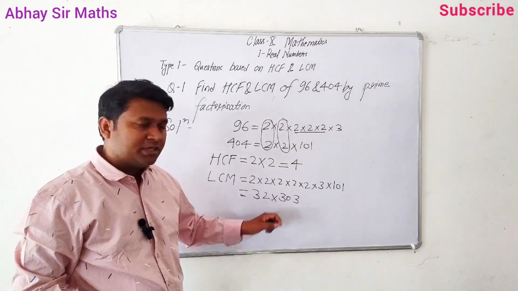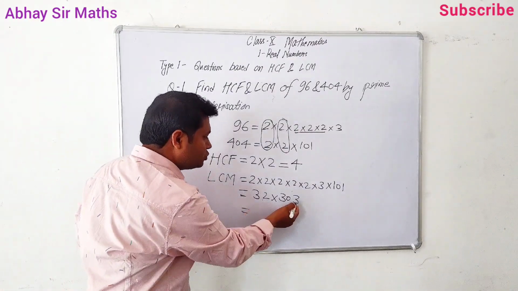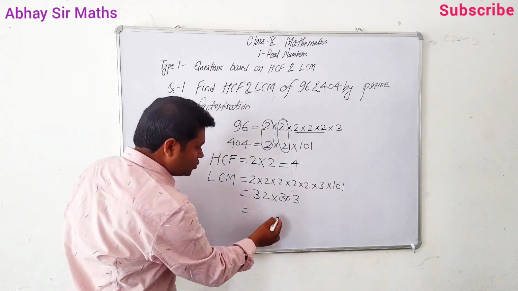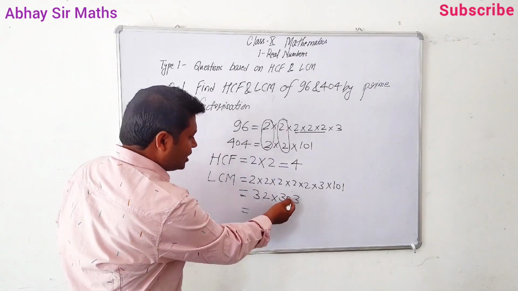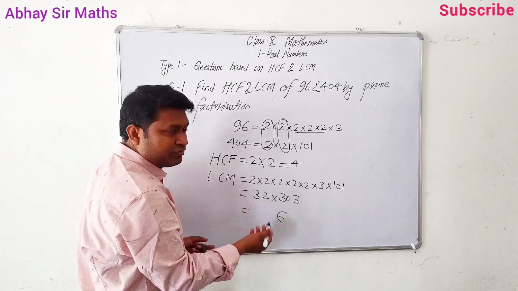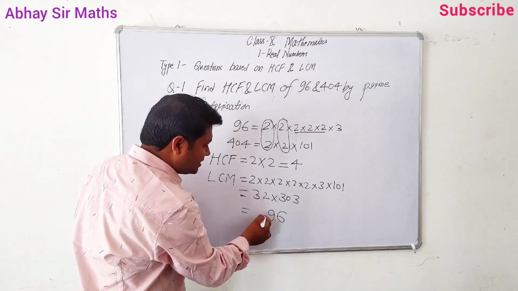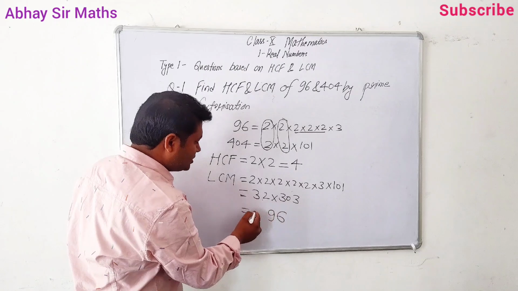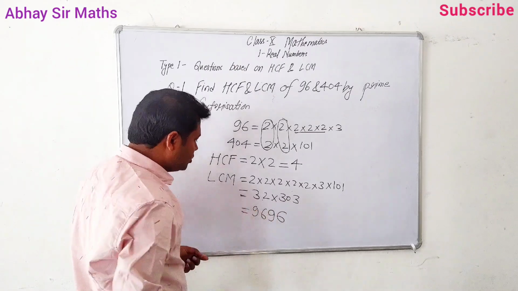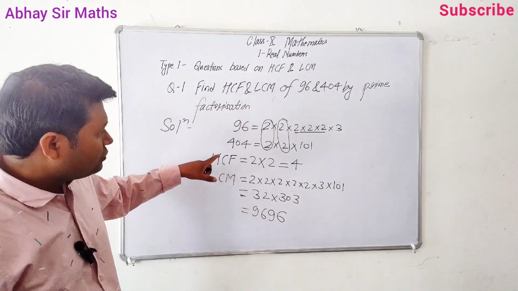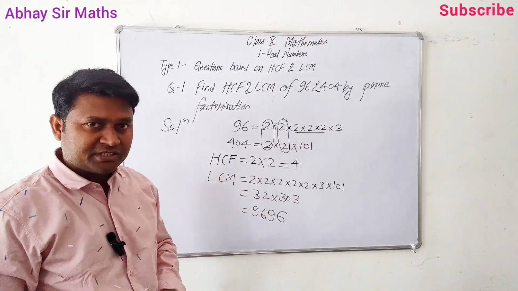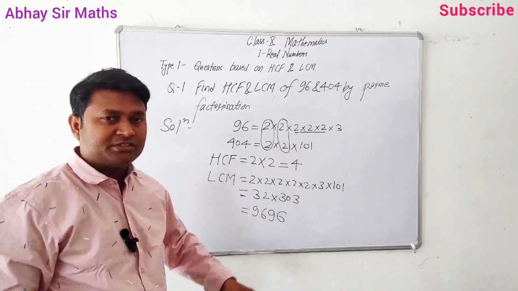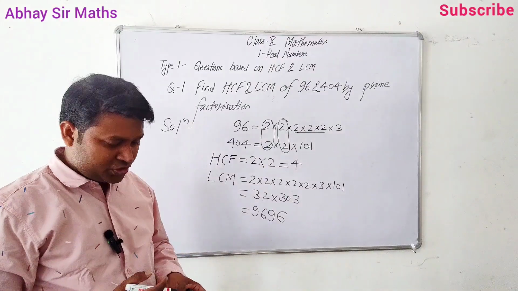Now multiplied by 32: 32 3s are 96, so write 6 here, and 9 carries. 32 into 0 will give you 0, 0 plus 9 is 9, and 32 3s are 96. So in this question we have got that HCF is 4 and LCM is 9696. I hope this question is clear.